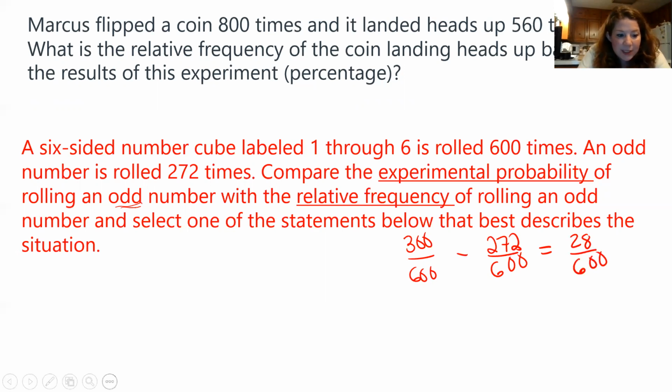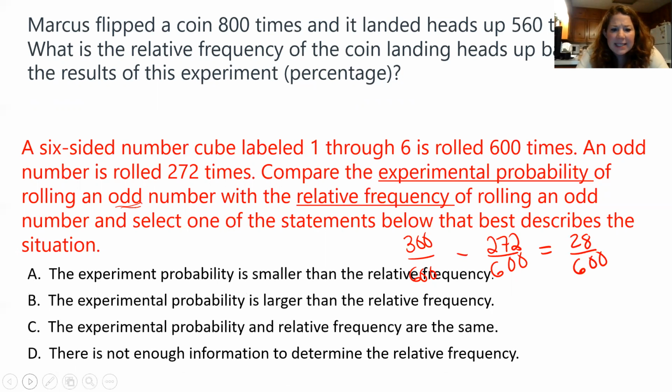So let's see what our choices are here. It says the experimental probability. So basically we're comparing experimental probability to, excuse me, this is theoretical.